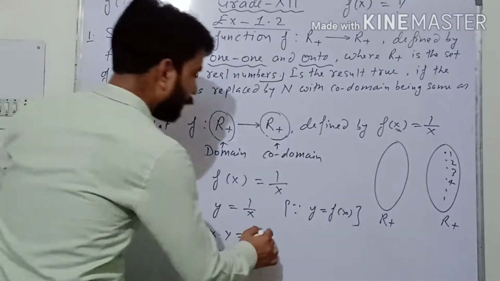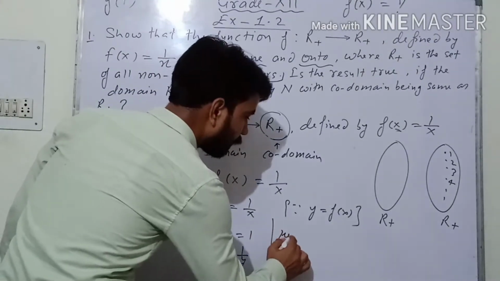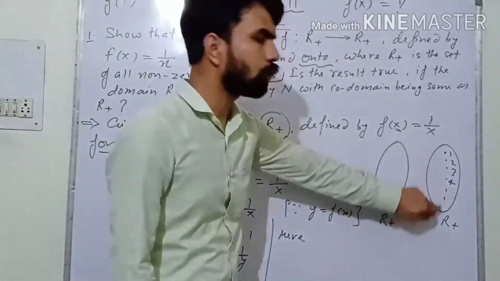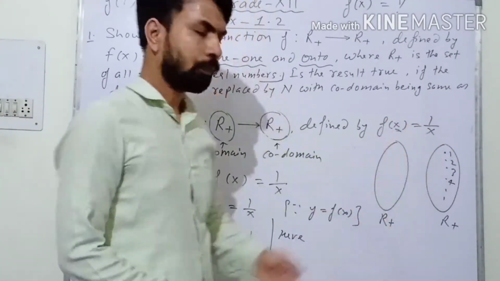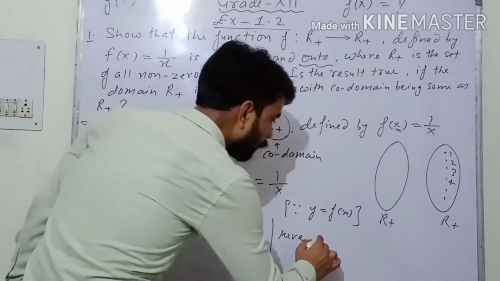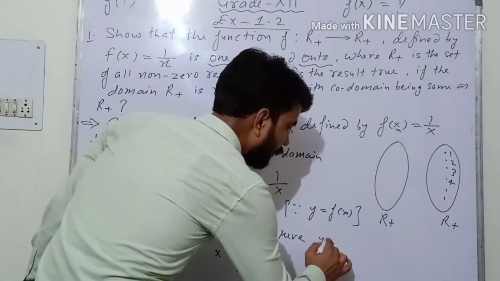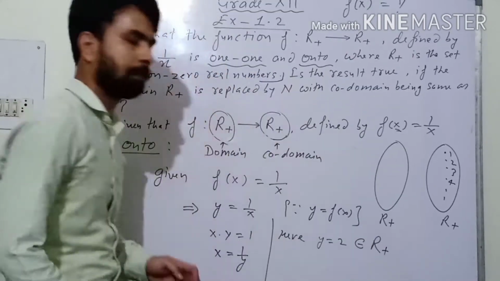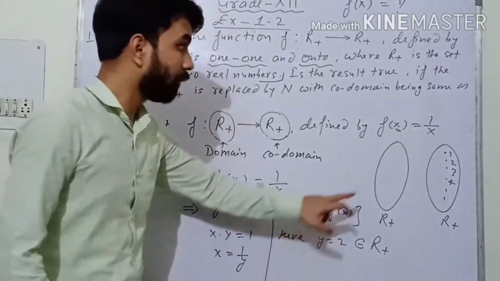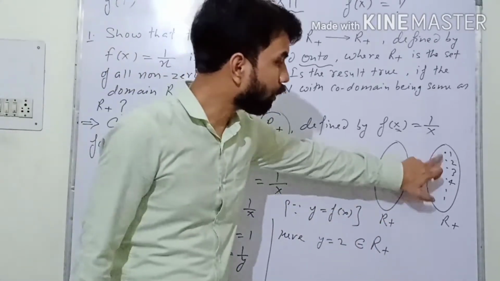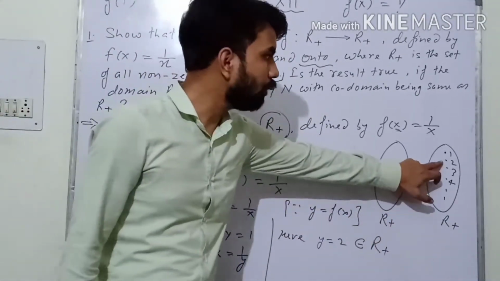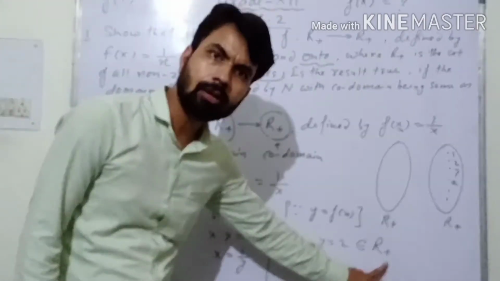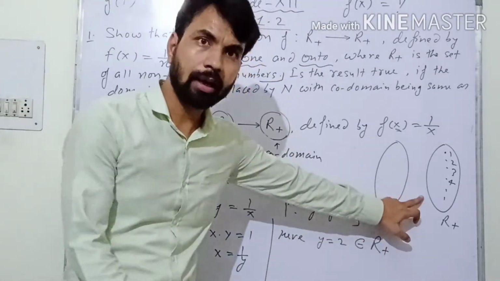I consider any value of this codomain, so I am taking 2. So y equals 2 belongs to its codomain or not? I told you that y belongs to the codomain, so I am taking the value of y as 2. So y equals 2 belongs to R positive or not? It belongs to its codomain.